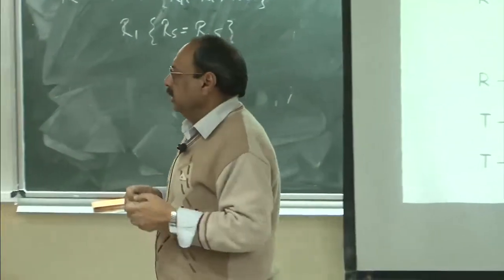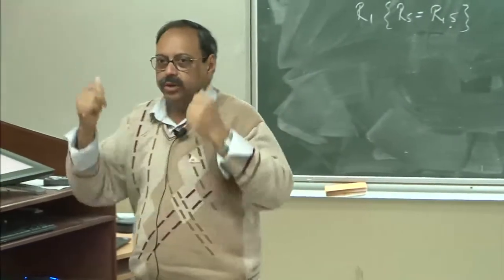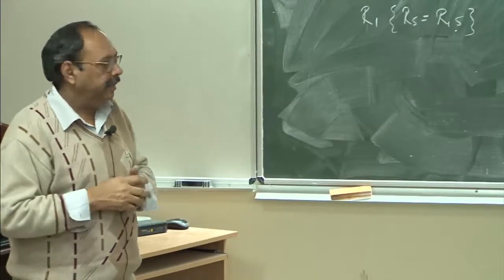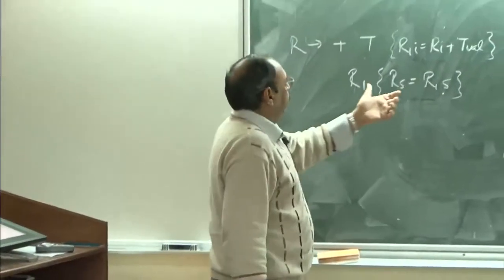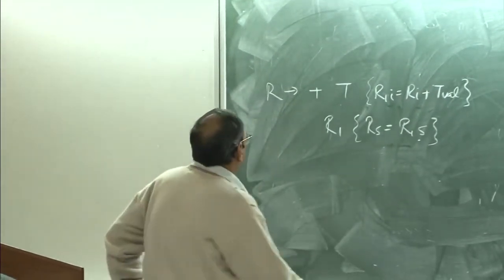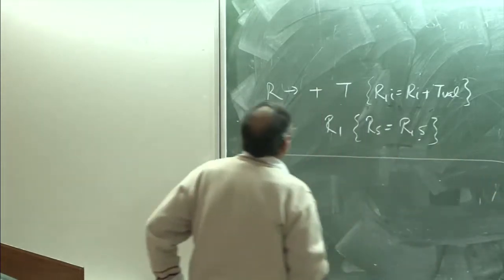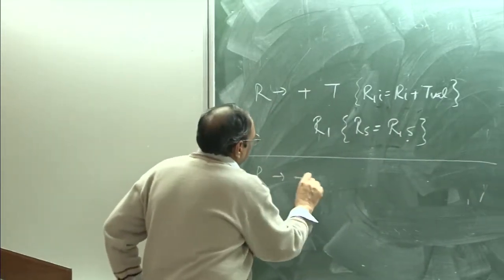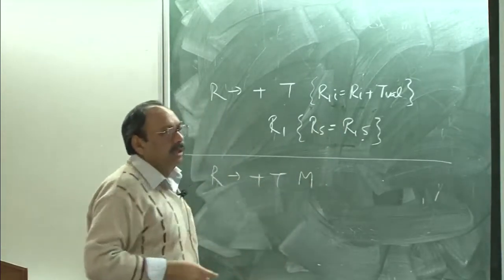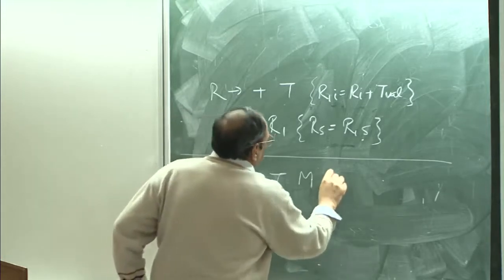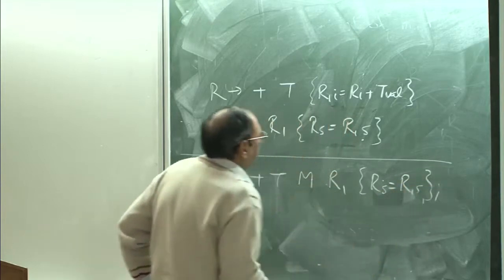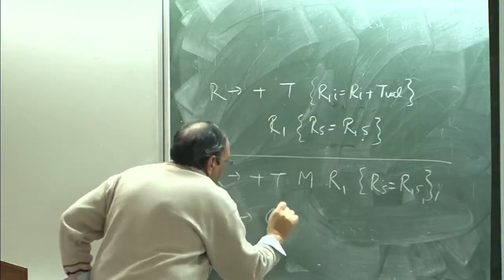All the time we have been introducing these non-terminals. To remove left recursion, we introduce a non-terminal. So, let me play this trick now and say that for every embedded rule, you introduce a new non-terminal. Suppose I do a transformation and say that R goes to plus T, and corresponding to this I introduce a new non-terminal M, and then R1, and then R synthesized equal to R1 synthesized, and then M goes to epsilon.